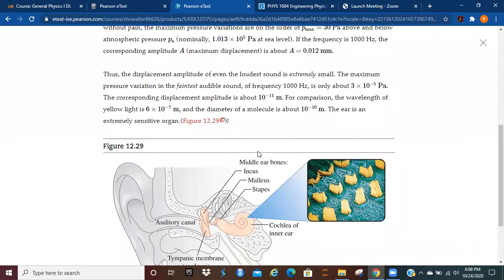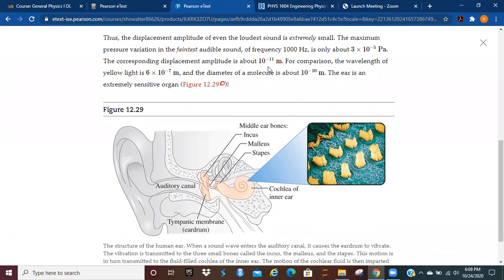So the displacement amplitude of even the loudest sound is extremely small. The maximum pressure variation in the faintest audible sound, at a frequency of 1000 hertz, is only about 3 times 10 to the minus 5th pascals. The corresponding displacement amplitude is quite small.